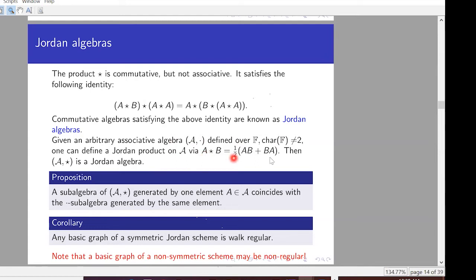So you take the average of AB plus BA. This is a Jordan algebra, and all Jordan algebras constructed from associative ones are called special Jordan algebras, and their subalgebras are also called special. And non-special Jordan algebras are called exceptional.